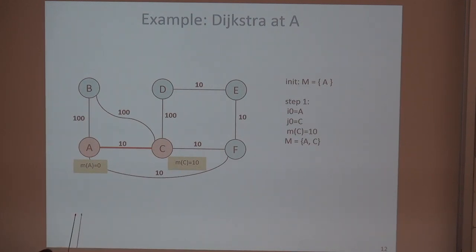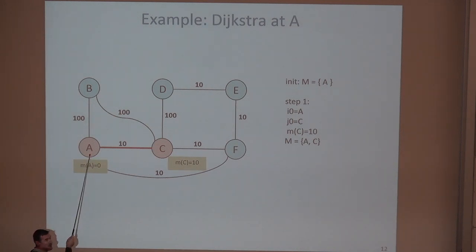So let's do the example of this node here. I am zooming on node A. Initially, node A has only itself with a distance of 0. Then at the first step, it looks at all the pairs that are inside and outside.